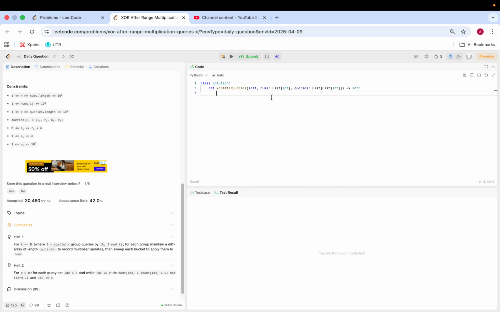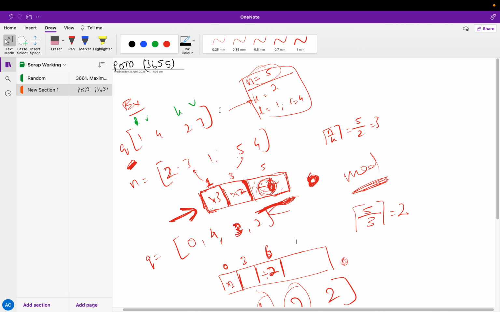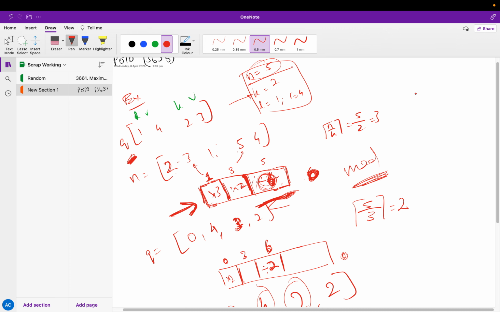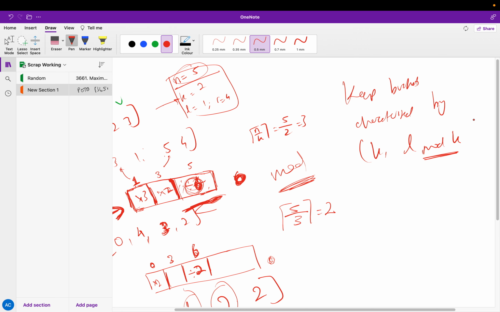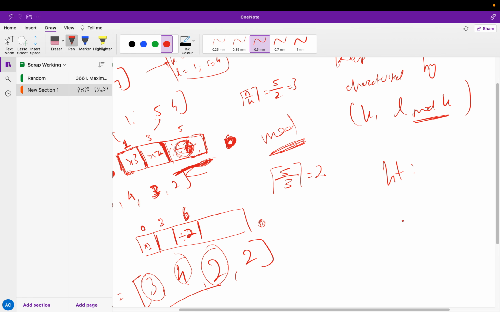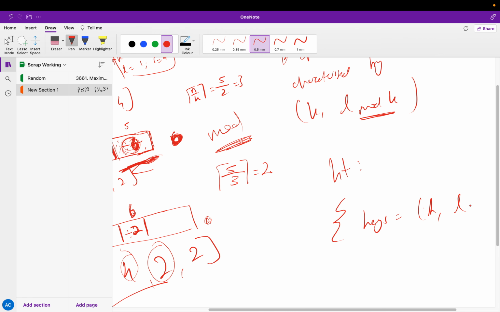Anyway, let's see what structures we need. So I know that we need to keep all the buckets, and they are characterized by the tuple, by your k value and your starting position mod k value, right? So we'll probably have a hash table with keys that are these tuples, so we can find the buckets really easily.